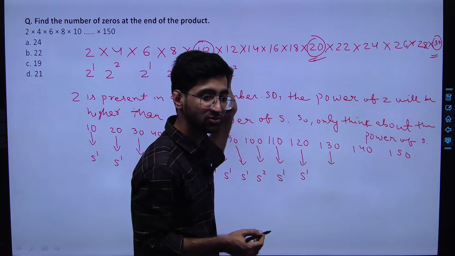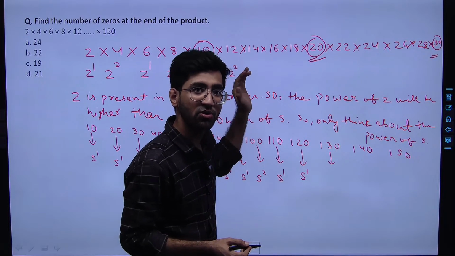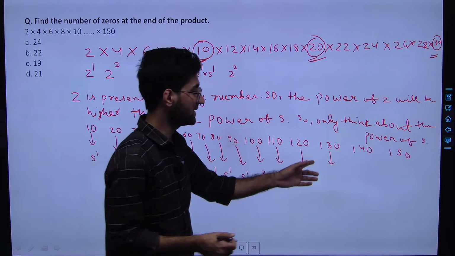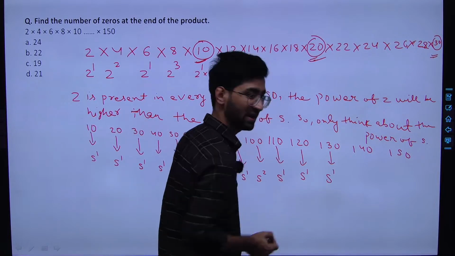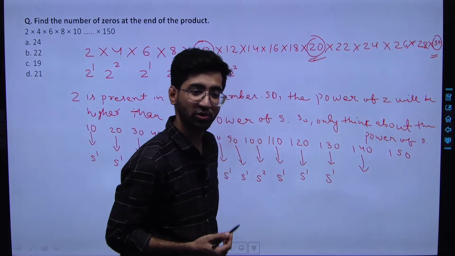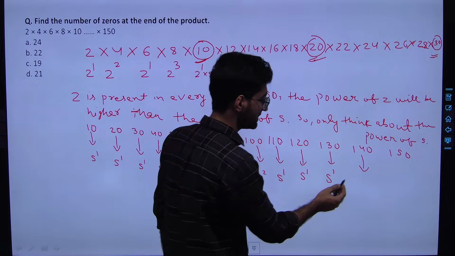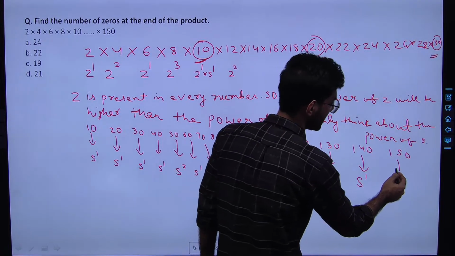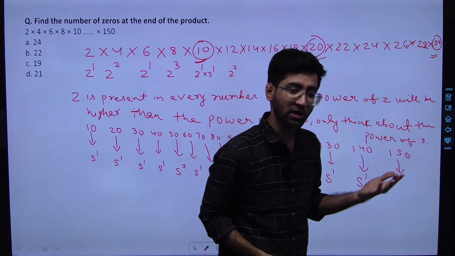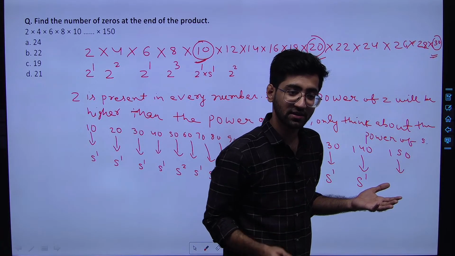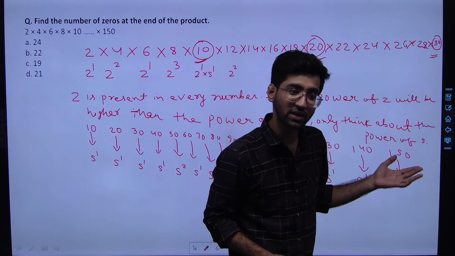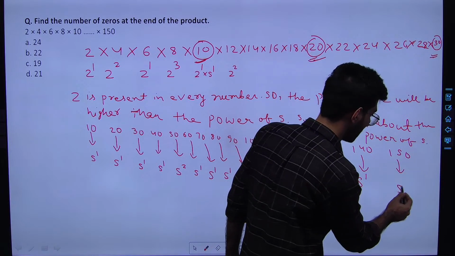You should solve this question again at your home if you don't get it correct. Right? So 5 into 26 means there is one 5. Right? Again 140 you can write as 5 into 28. So there is one 5. Then again, see, 150 equal to 25 into 6. 6 is 2 into 3. So there are two 5s. 25 means 5 to the power 2.